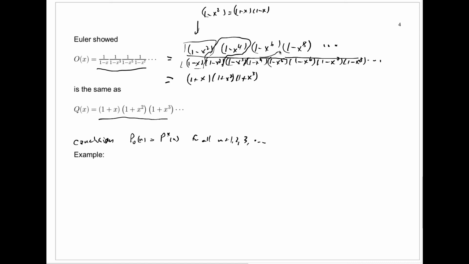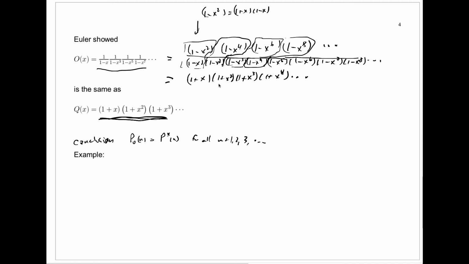That's this piece here. And then keep going. 1 minus x to the eighth over 1 minus x to the fourth is just 1 plus x to the fourth. And so on and so forth. And that's exactly what we already had for q of x.